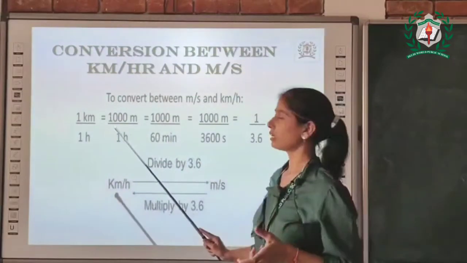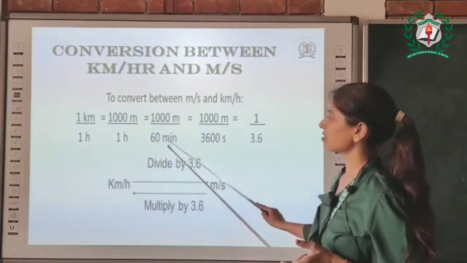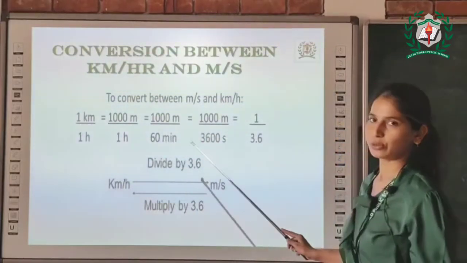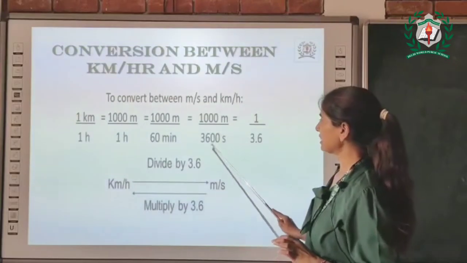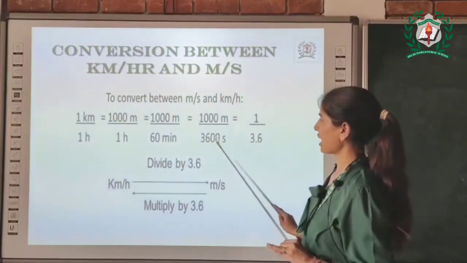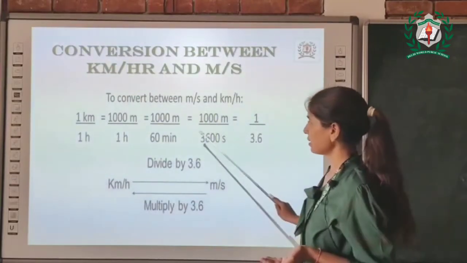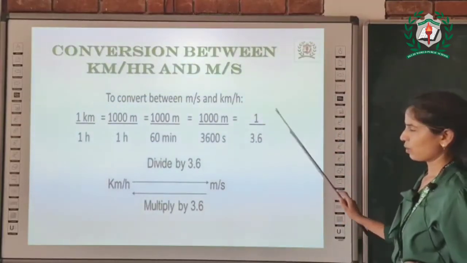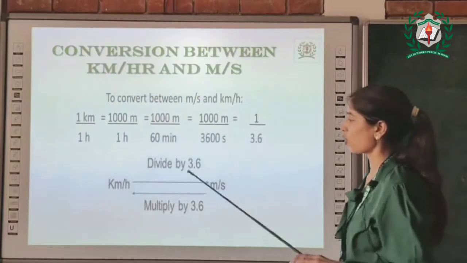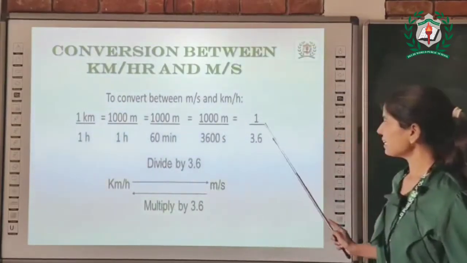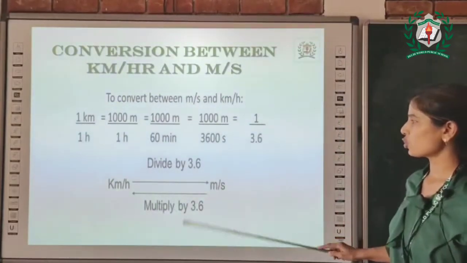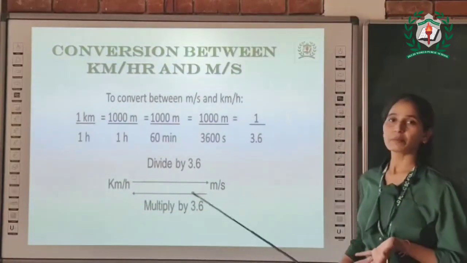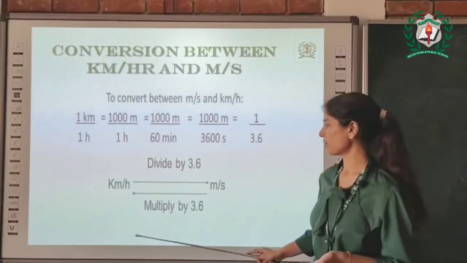So we'll multiply this 60 with another 60, and we'll get 3600. We'll cancel these two zeros with these zeros and divide 10 with 36. So we'll get 1 upon 3.6. As we divide this 1 by 3.6, this is how we'll convert kilometer per hour into meter per second or meter per second into kilometer per hour.